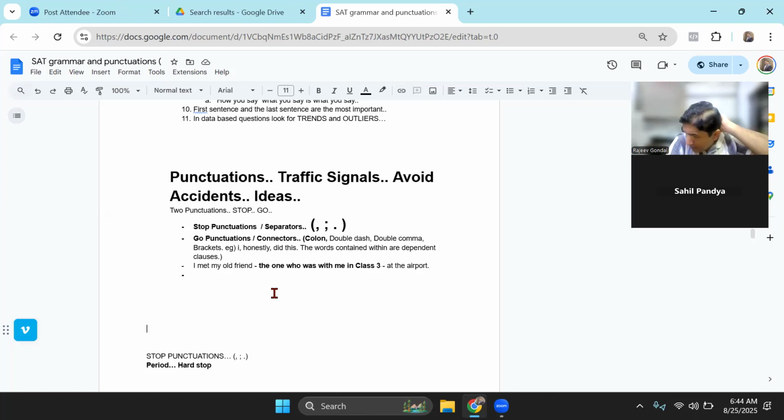You know what these are called, comma, full stop, and semicolon? They are called punctuations, but they are called stop punctuations. They are meant to stop. When you use them in your writing, they are meant to put some kind of pause.